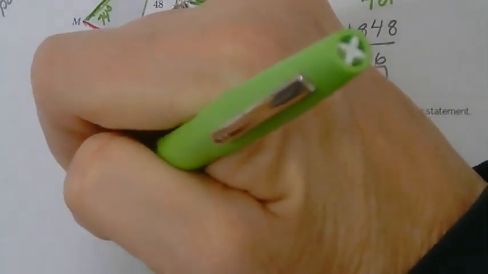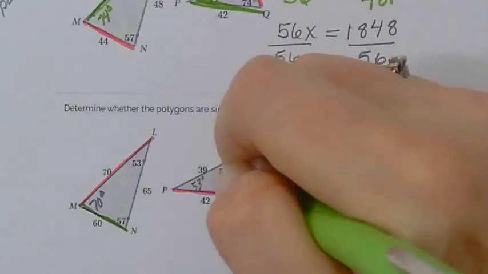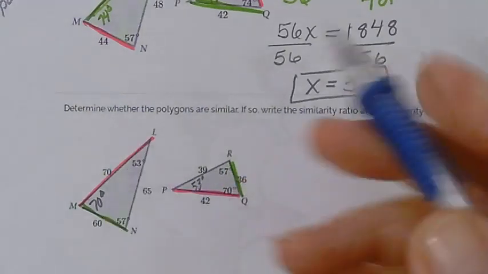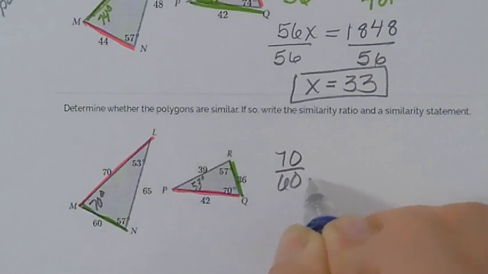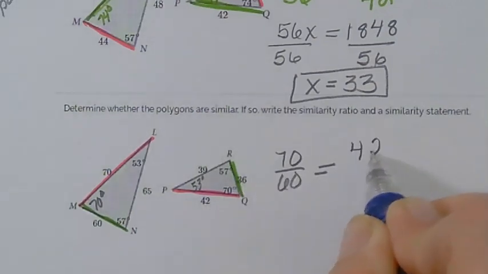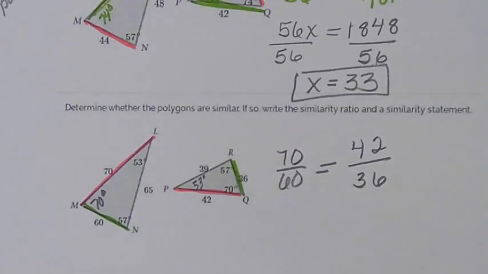So the one between the 70 and the 57? And the one between the 70 and the 57. So let's do pink over green equals pink over green. Cross multiply those and see if they're similar.